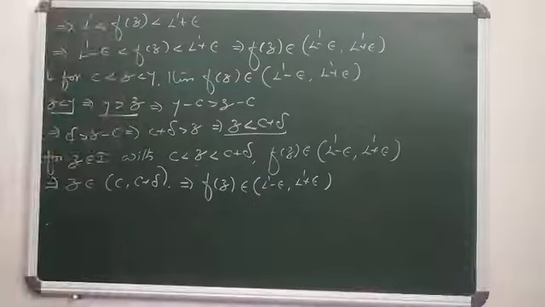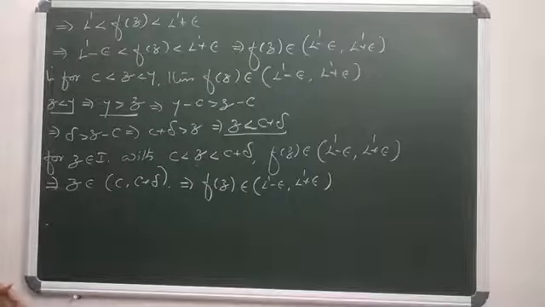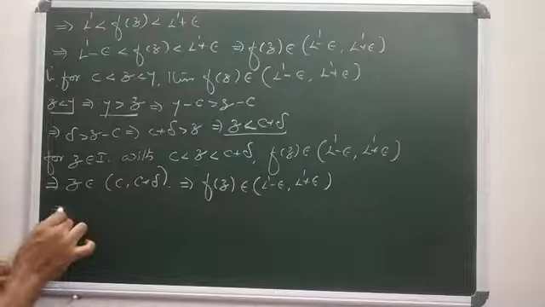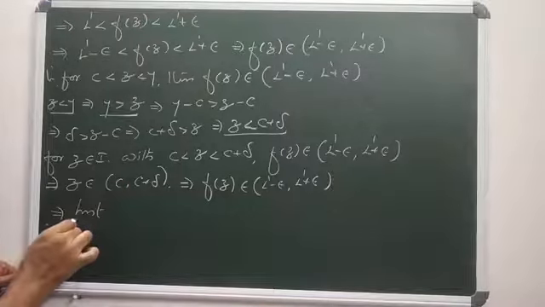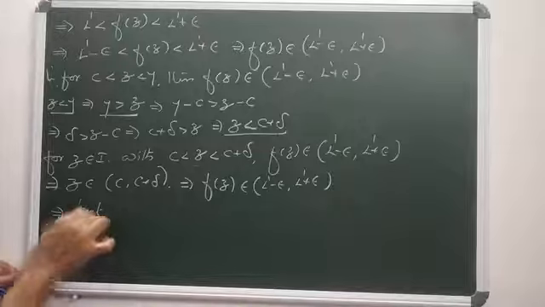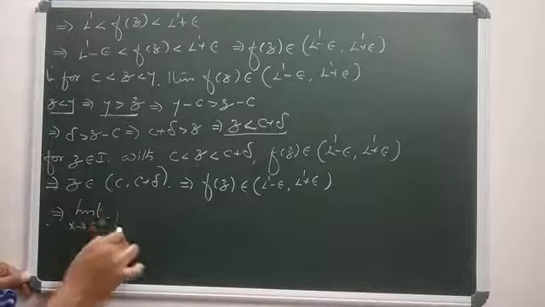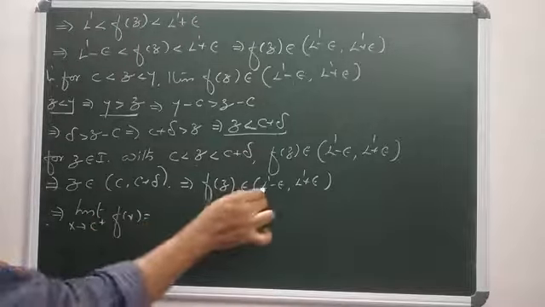So z in the open interval (c, c + delta) and f(z) in the open interval (L' − ε, L' + ε). That means the limit as x tends to c+ of f(x) equals which one?